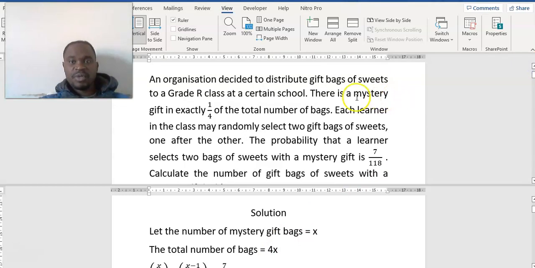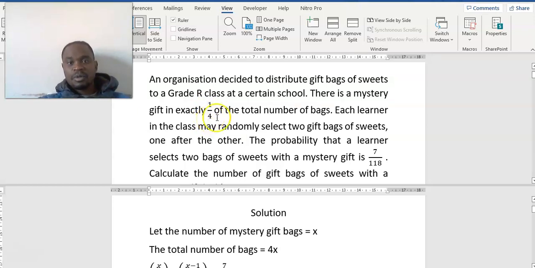If you come here, there is a mystery gift in exactly 1/4 of the total number of bags. Are we together? So it means if the mystery gift is 1, the total number of bags is going to be 4, because the probability of a mystery gift is 1/4, which is the number of successes, 1 for the mystery gift, over the total, which is 4.